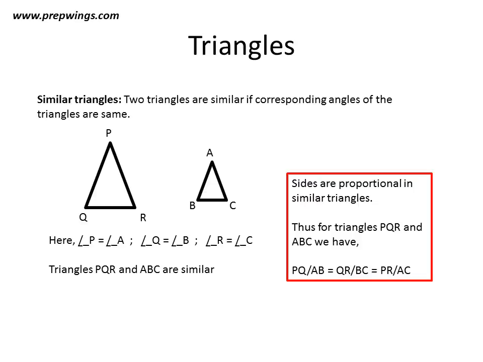Okay. The point to note is that whenever two triangles are similar, the sides are in proportion. So if triangle PQR is similar to triangle ABC, then we have PQ upon AB is equal to QR upon BC is equal to PR upon AC. Okay. So for similar triangles, the sides are proportional.